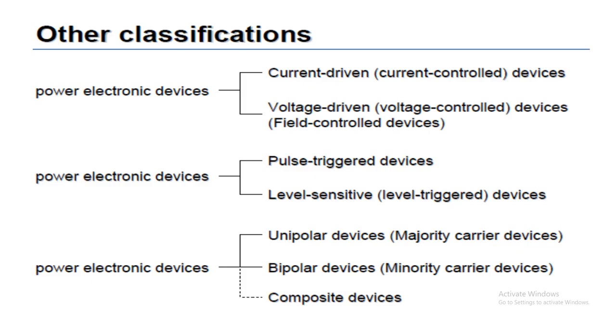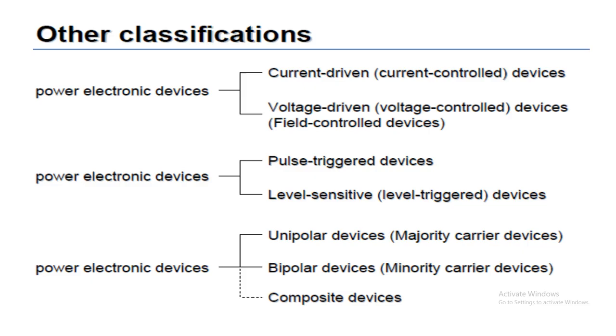The next one, power devices based on whether they are pulse triggered or level triggered. Pulse triggered devices means a single pulse will trigger or turn on that device. The example for a pulse triggered device is the SCR. After the device turns on, the pulse need not be applied; it can be removed. So that is called a pulse triggered device.